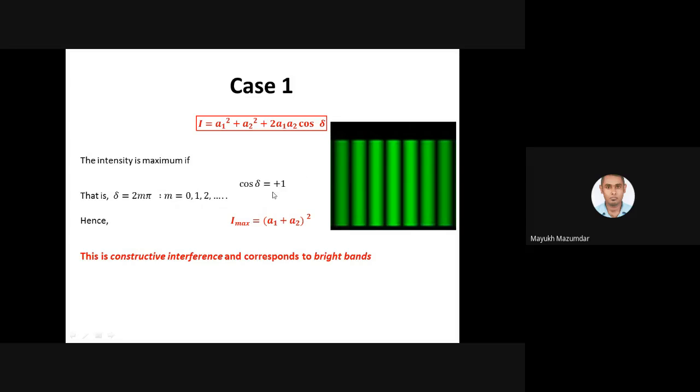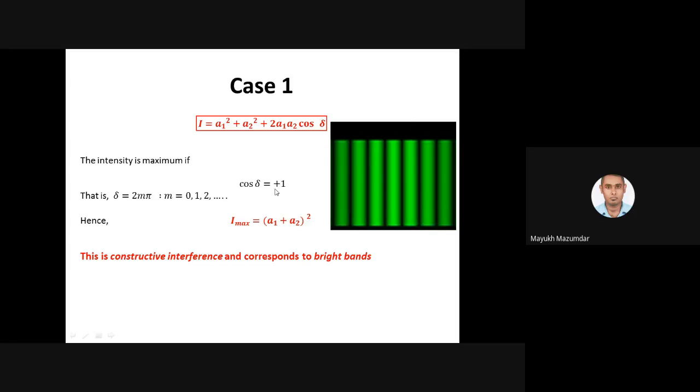When cos delta is 1, I becomes this one. Yes, sir. So that I will call I max. That is constant for all the bright bands. Whether it is here or here, all the bright bands will have the same intensity. Why? There is nothing which can tell me it will change with the band. See, A1 and A2 are constant.